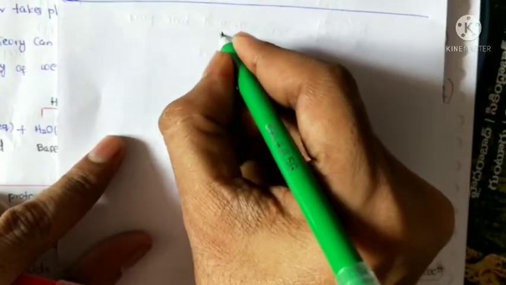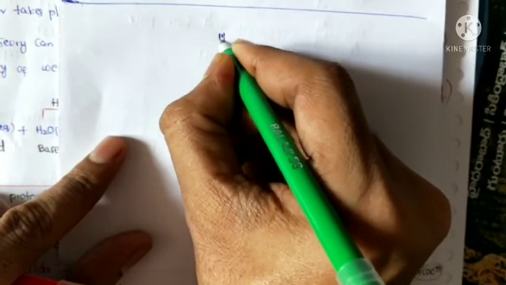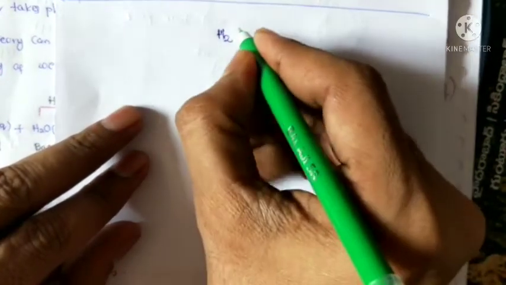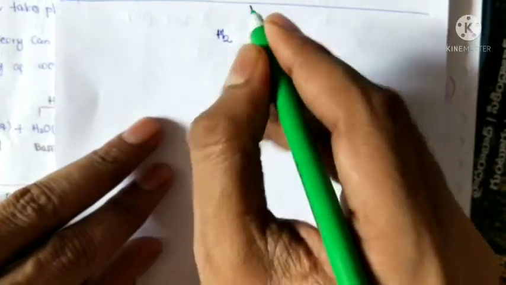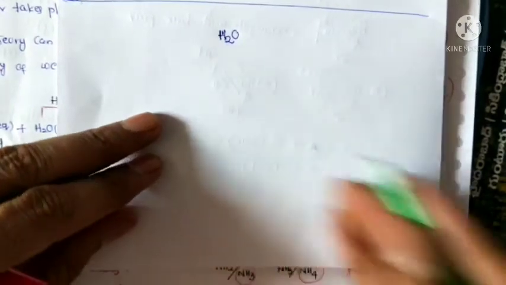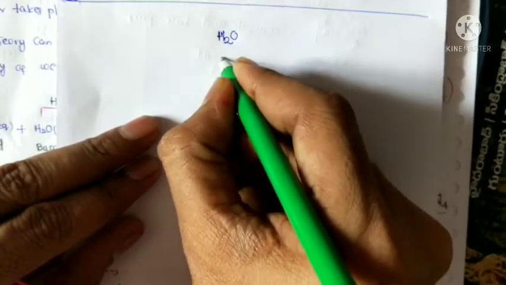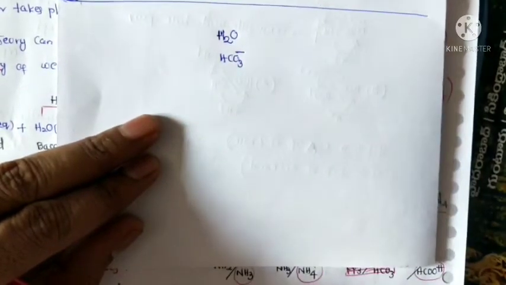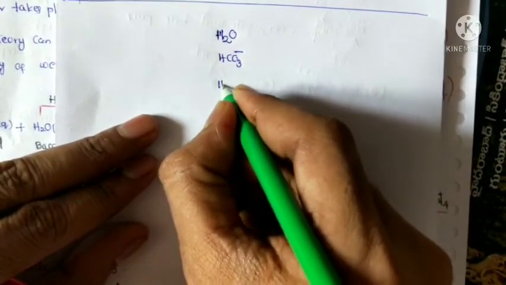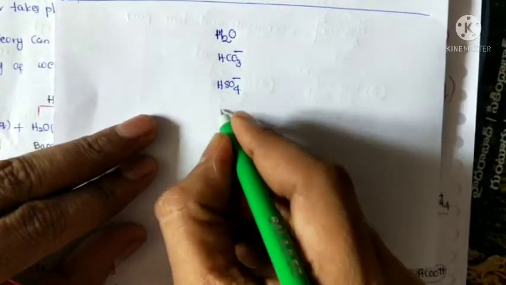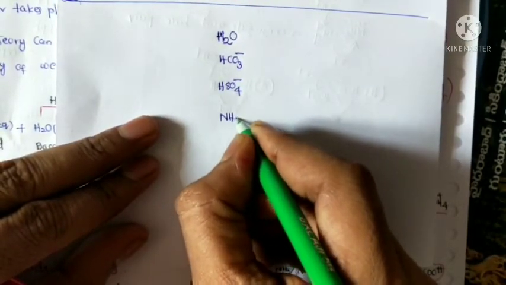Carefully observe, some examples are given here. You should tell me: H2O, bicarbonate HCO3 minus, bisulfate, and ammonia.